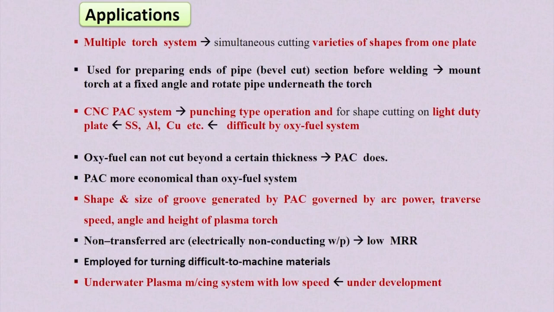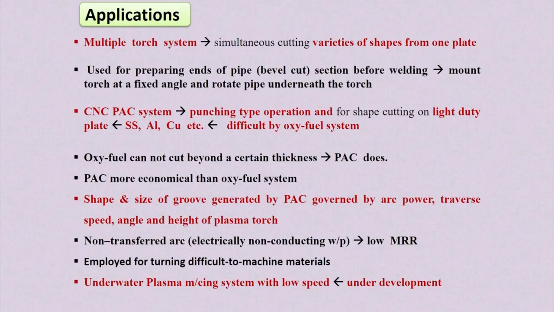Mostly the plasma arc machining system is used for cutting high thickness material which is not possible by the normal oxyfuel cutting process. Generally high thickness materials are cut by oxyfuel, but when it is not possible by the oxyfuel method, we go for plasma arc cutting.